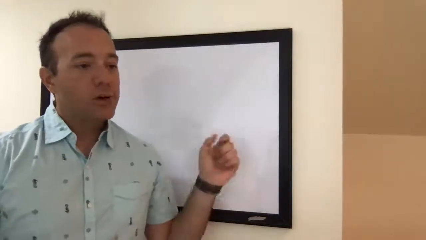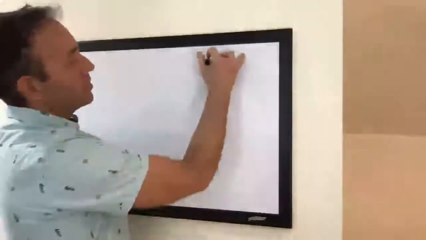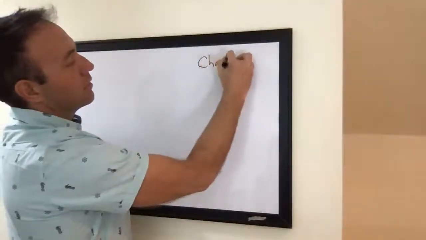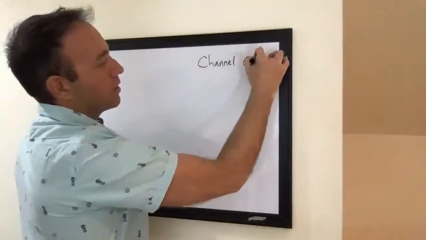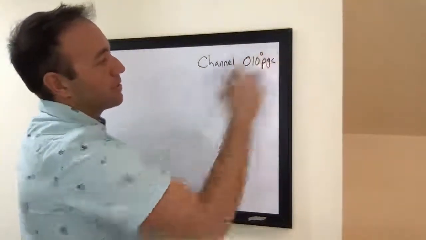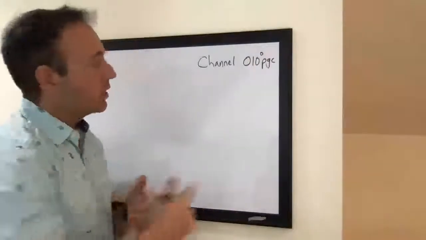So this is a deviation determination problem, and we're going to just write down everything that we know, right? So the channel was 010 per gyro compass. They don't give us any kind of gyro error, so that's interesting.